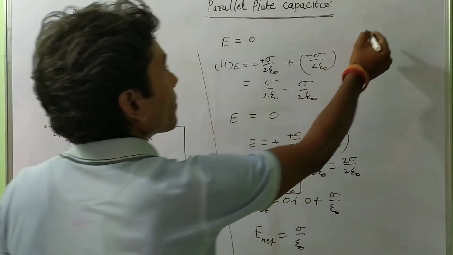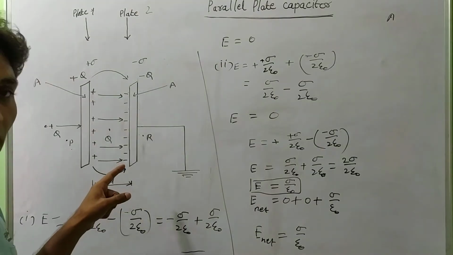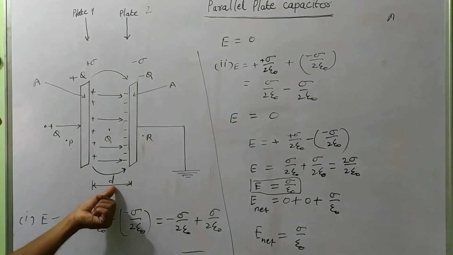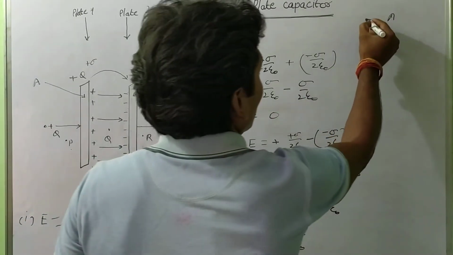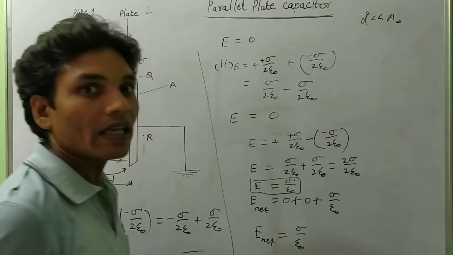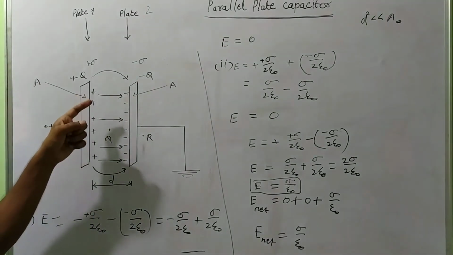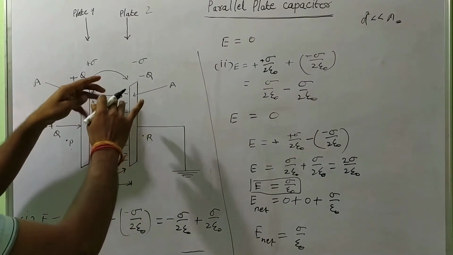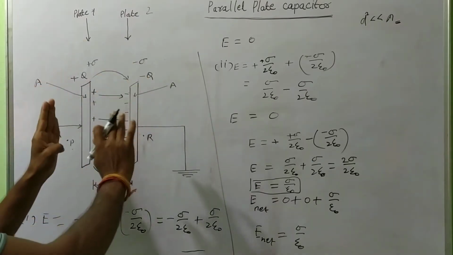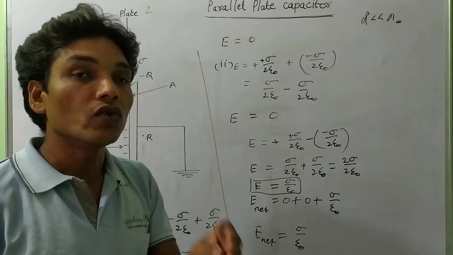But if A is the area of each conductor, or each plate, and D is the separation, and D squared is very much less than the area of each plate, then we can say that the electric field on the boundary, or on the edge of the plates, is approximately uniform.